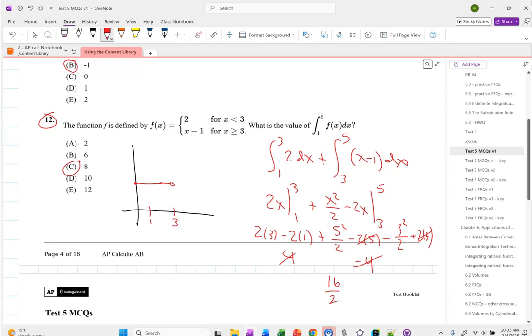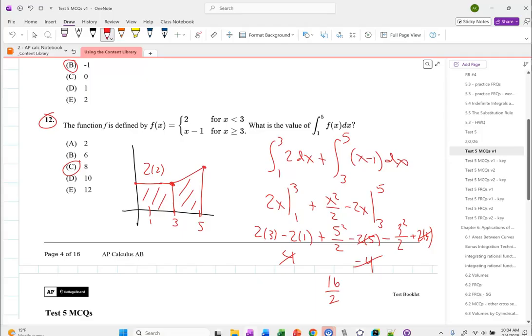And then if I plug 3 in for this, I have 3, 2. And I plug 5 into that, I have 5, 4. So I'm looking at adding those two areas, right? This is just 2 times 2.